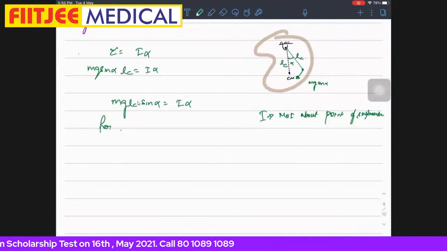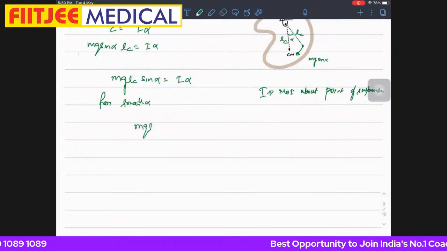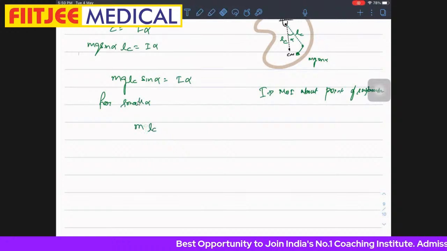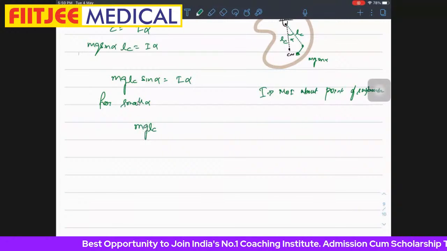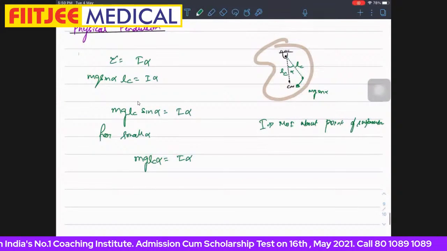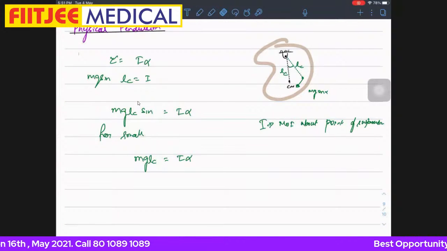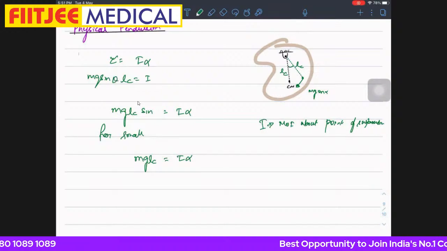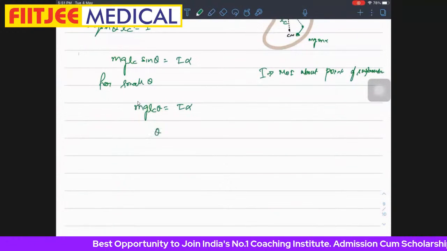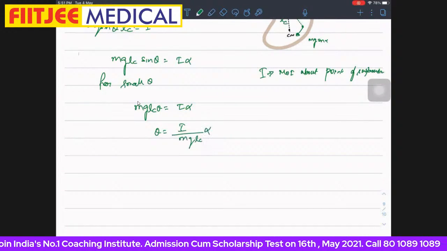So for a small angle, for a small alpha, I can write mg LC into alpha. Oh wait, I have taken both things the same, it will create a problem. I'll take this angle as theta. So sin theta is approximately theta. So I alpha equals mg LC into theta.